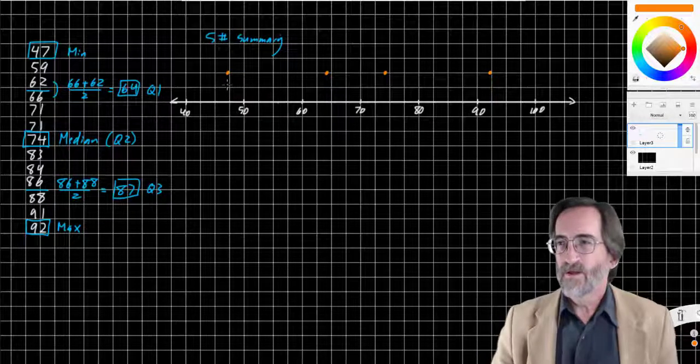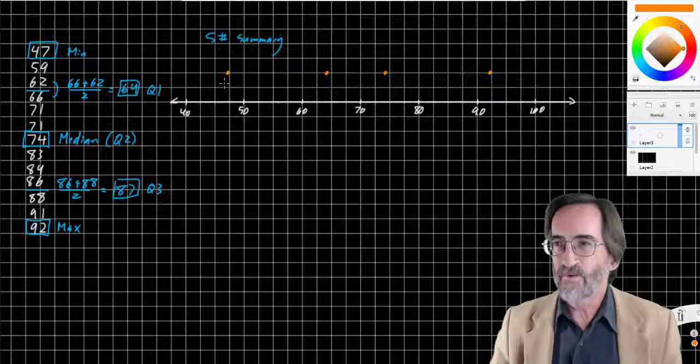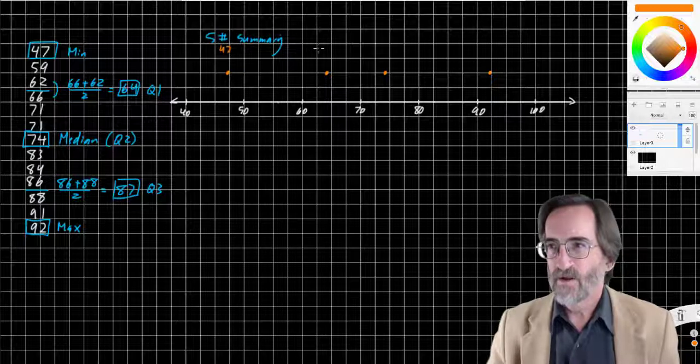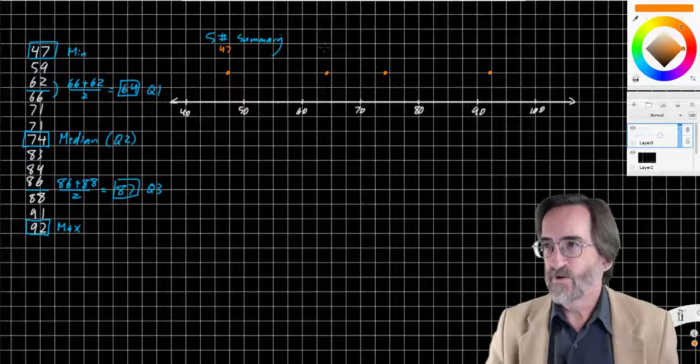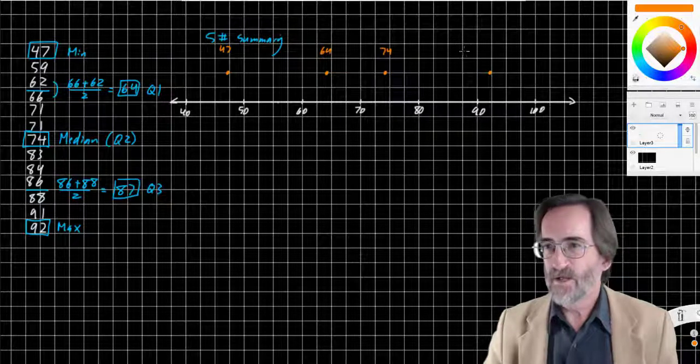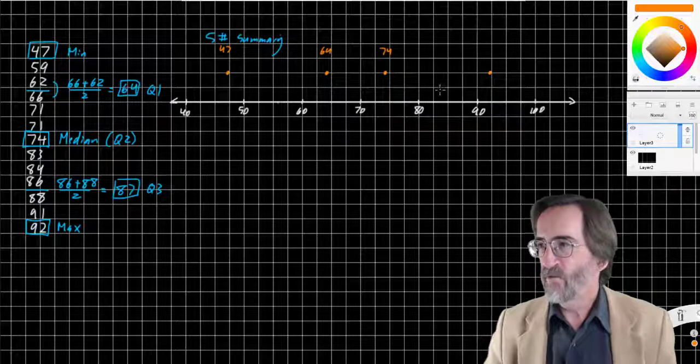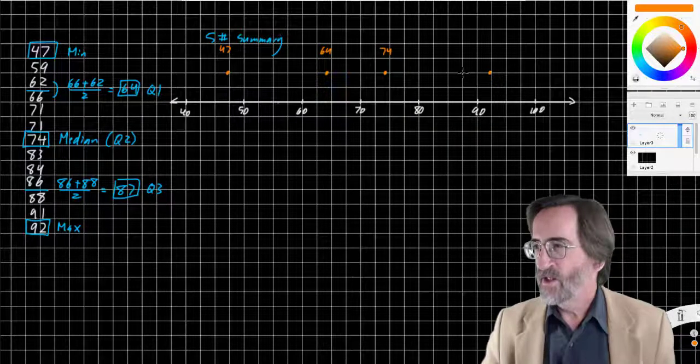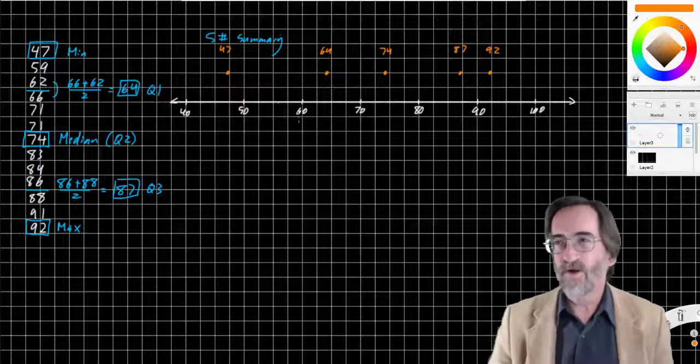We're going to plot these and label them: 47, 64, 74, and 87. Oh, I didn't graph 87. 87.5, so 87 is right here, and 92. So there's our 5 numbers.